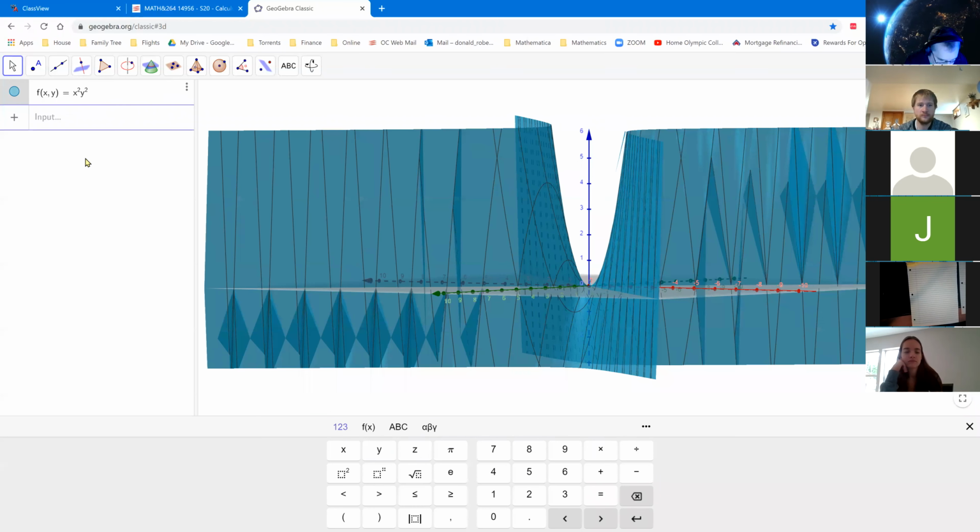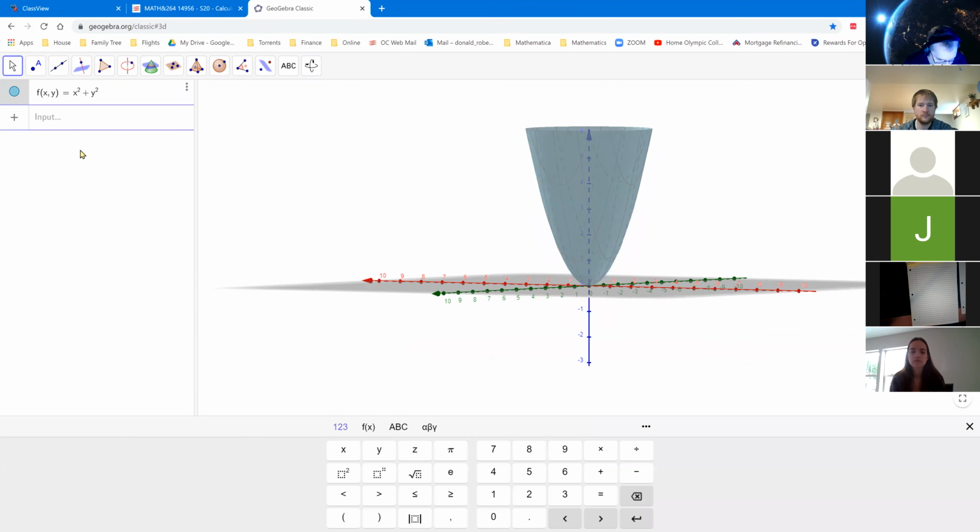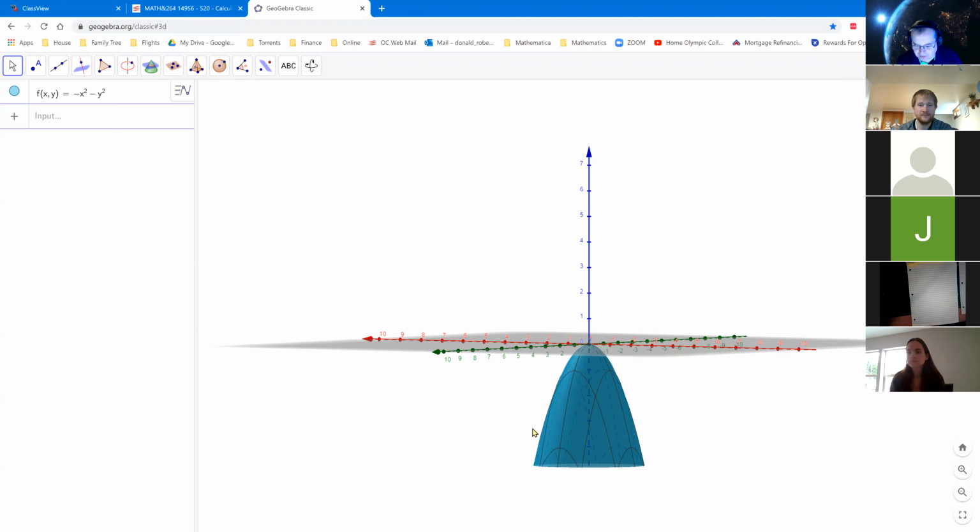If I put this one up, there's a very boring local minimum. And if you wanted to see what a boring local maximum would look like, there you go. So as you're going through some of these questions, you might want to plug the function into GeoGebra.